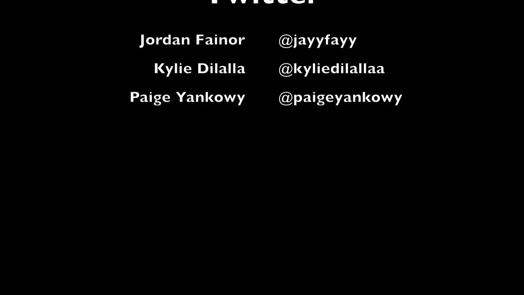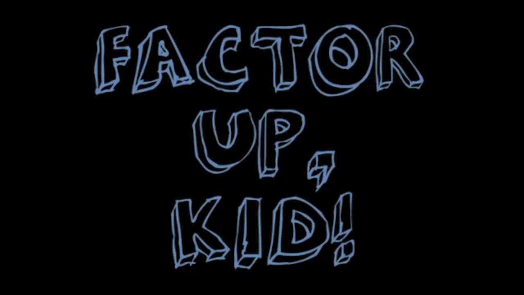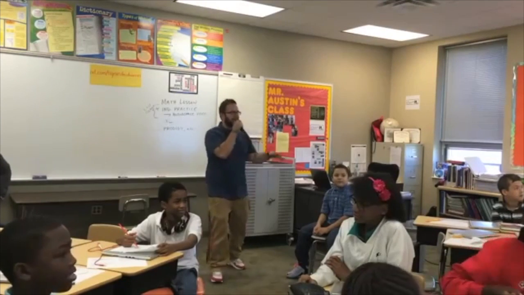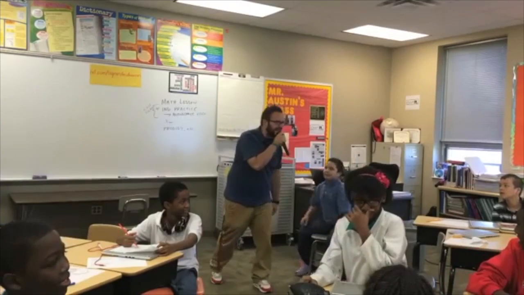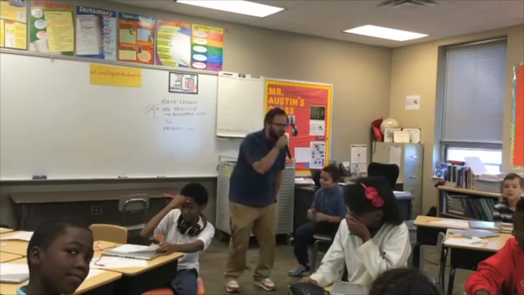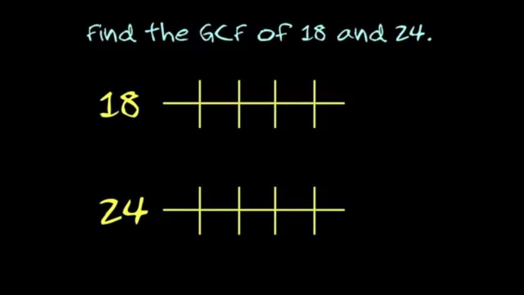Factor up, kid. I'm about to. Factor up, kid. That's what I was born to do. So many times I've seen you try, so you can do this. I'm picking the type of rhyme that helps you find GCF. If you take a listen to these words that I'm spitting at you, you can find the greatest common factor like a ninja master. First you gotta look at all the numbers that you're working with. List all the factors of each. I'm talking numbers, start with number 1 and then continue on from there.